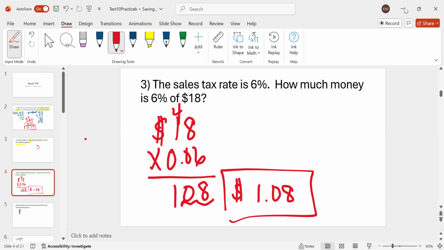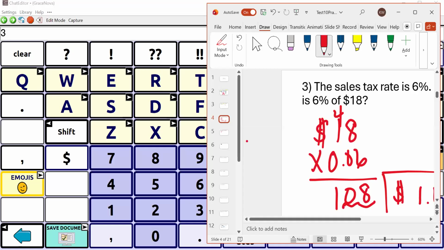All right, if we were going to do this with a calculator, let me get my calculator up here. Oh no, did I lose my calculator? That's not good at all. Okay, hold on here. Wrong one, wrong one.